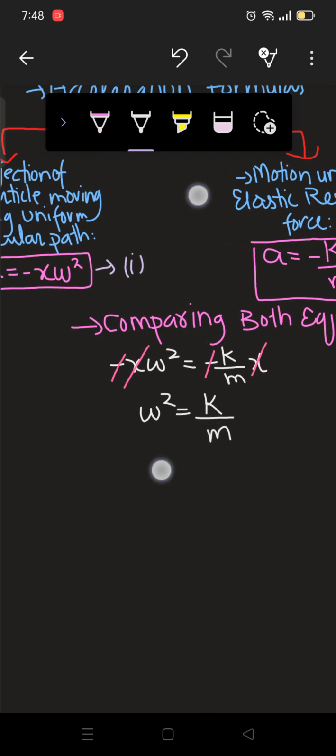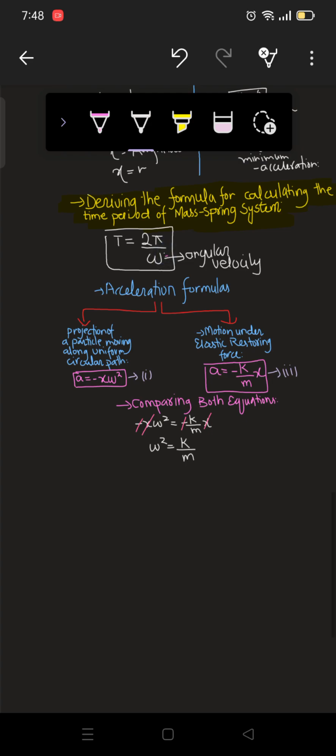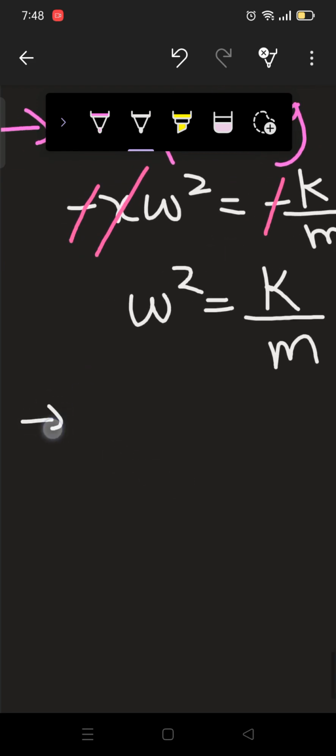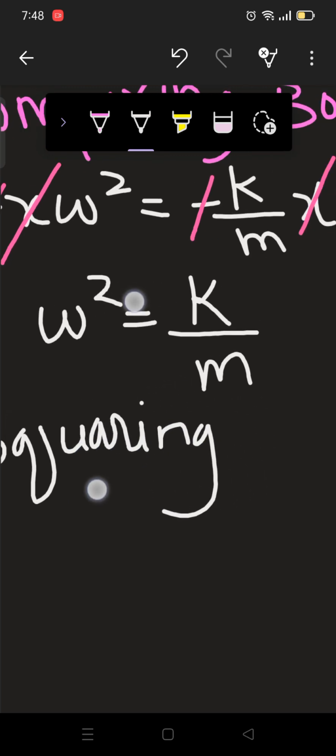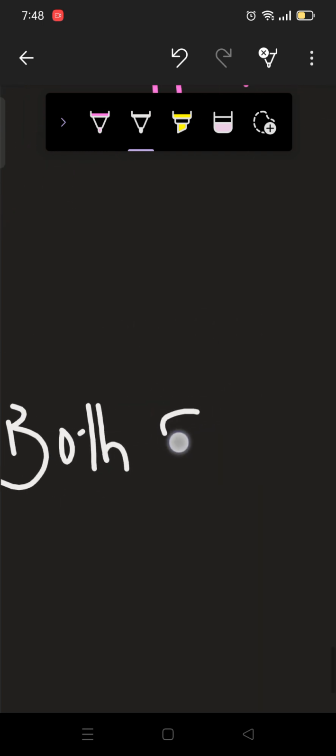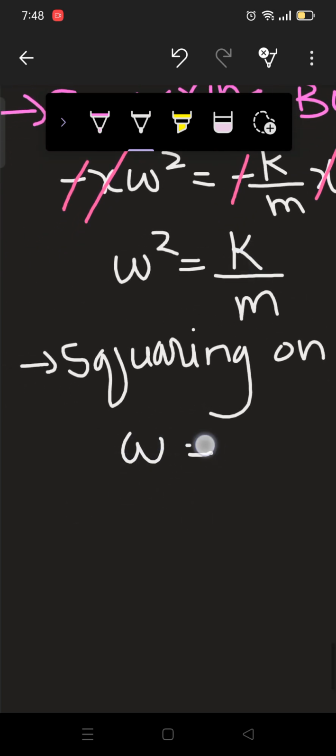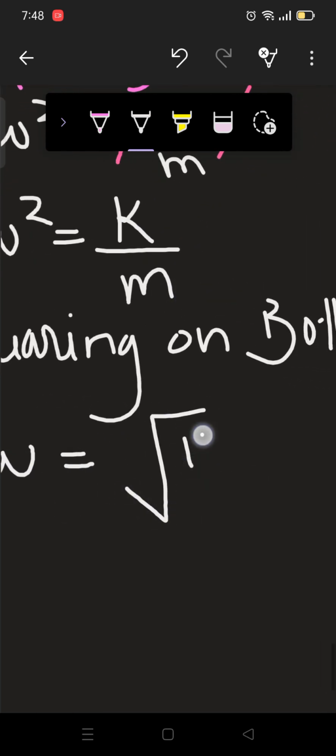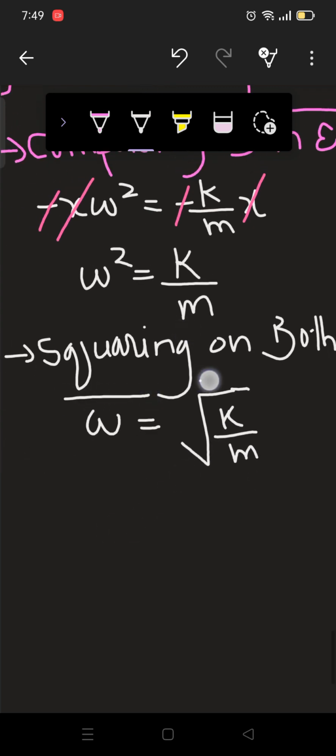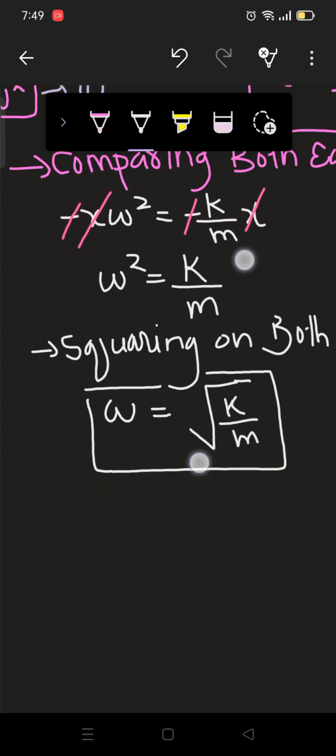See, we don't need the value of omega square, we need the value of omega, right? So in order to remove this square, we square on both sides, so omega is equal to under root k over m. Now we have found the value of omega, which is under root k over m.